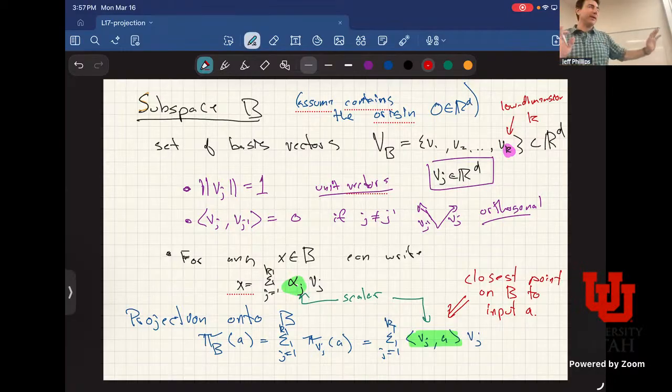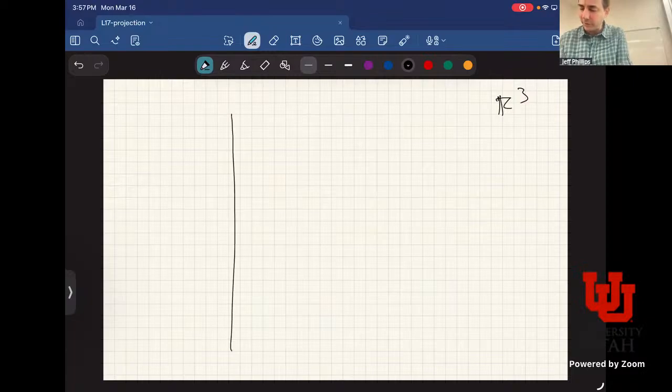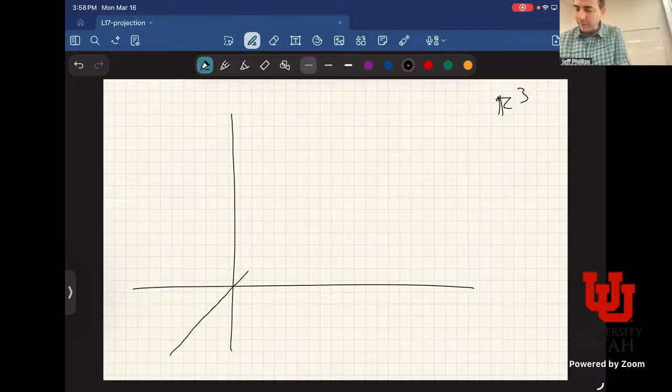Let me draw a picture now, but hopefully the mathematics is not too bewildering, because we built up from the one-dimensional version. Okay, so let's draw a picture of this now. I'm going to draw a picture in R3. I only have a two-dimensional surface here, but we'll try and draw this onto R3.